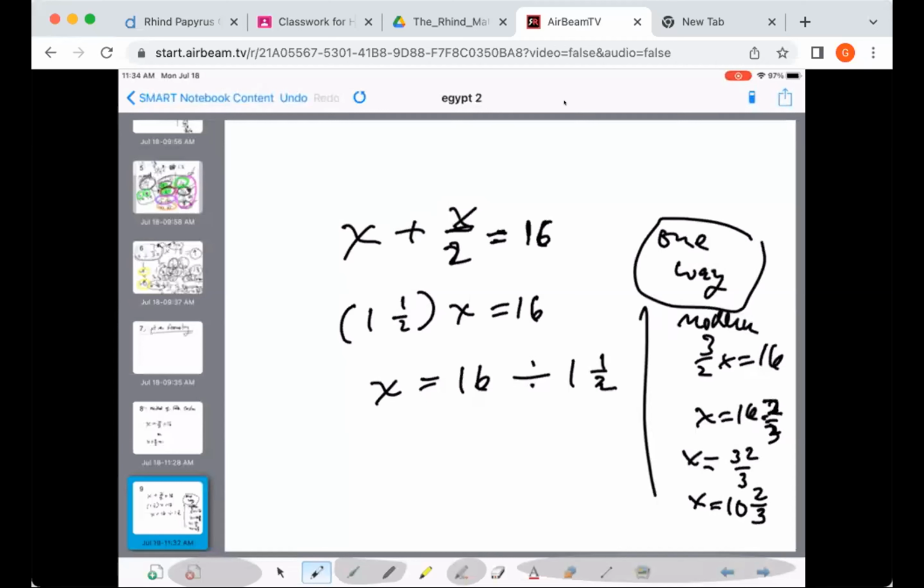Okay, they have two methods. One of them would be to do this division, which is kind of annoying. If I tried to do 16 divided by 1 and 1/2, let's just take a look. Double, double, double.